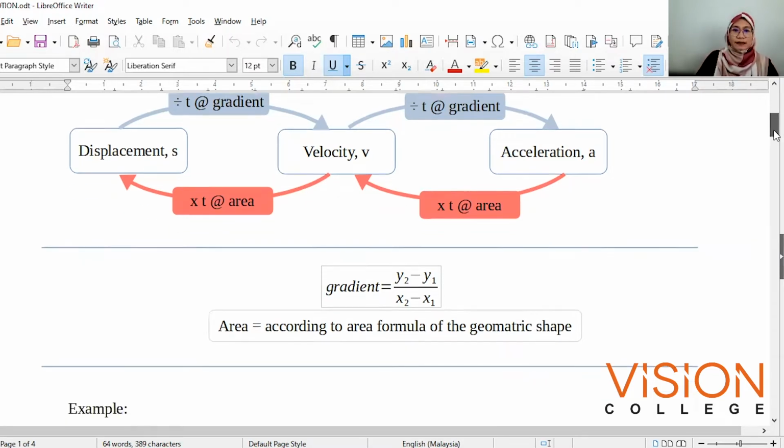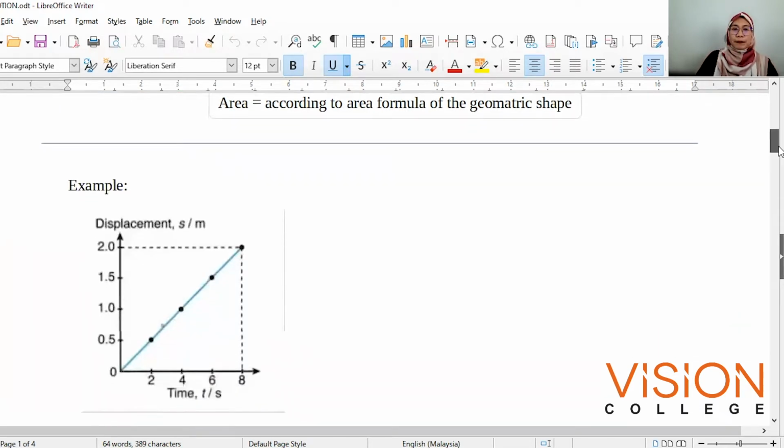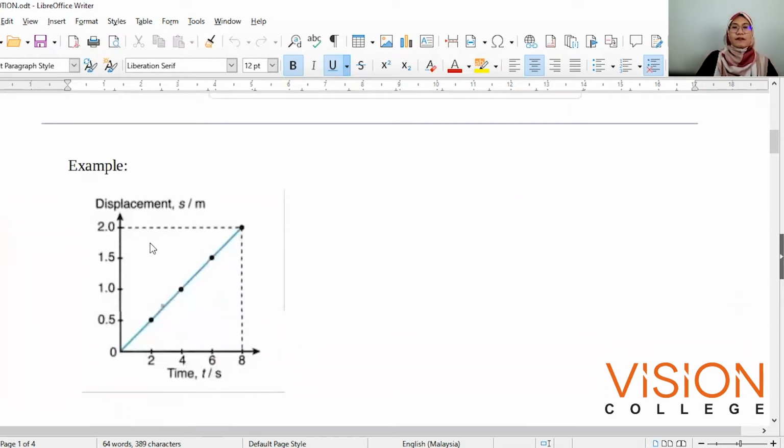Okay. Next, we want to look into an example. If we have a question like this, it is a displacement versus time graph. When you look at the graph, you always read it by the y-axis. We know the vertical line is the y-axis, and the horizontal line is the x-axis.